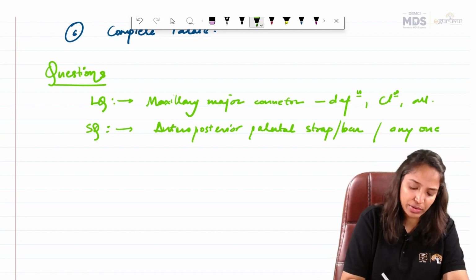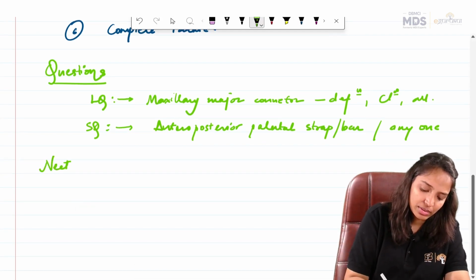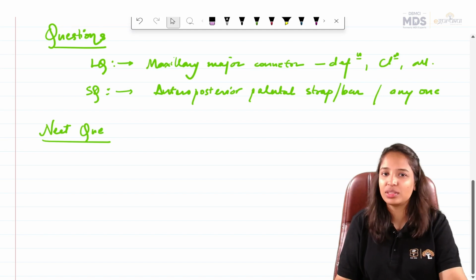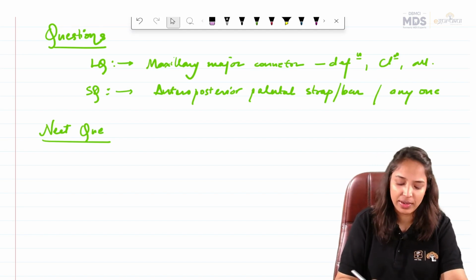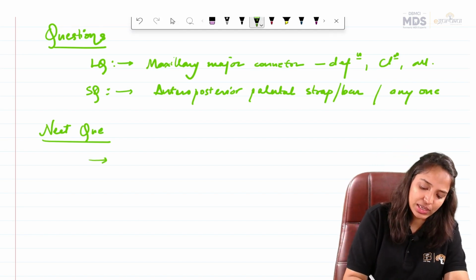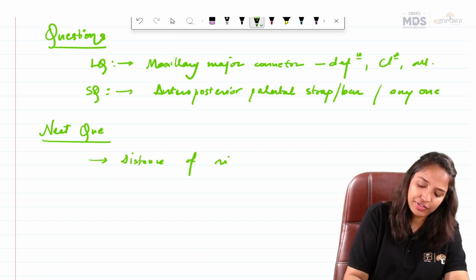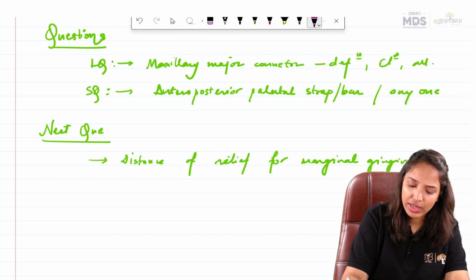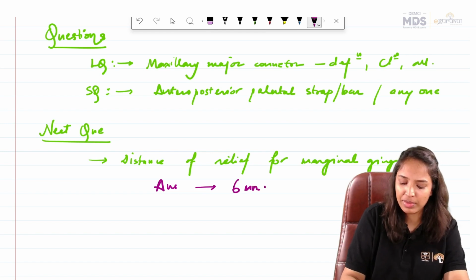Now, for all my fellow NEET students, what are the MCQs that can arise? From the ideal requirements, I don't see many questions being formed. But the one MCQ that comes is the distance of relief for marginal gingiva, and the answer, as we all know, is 6 millimeters.